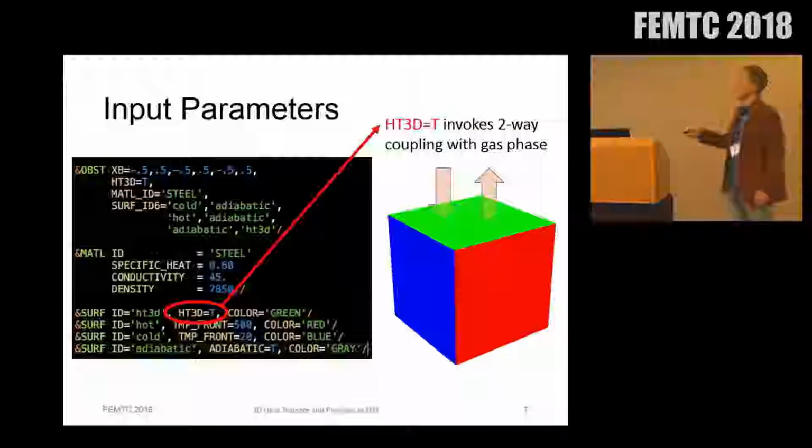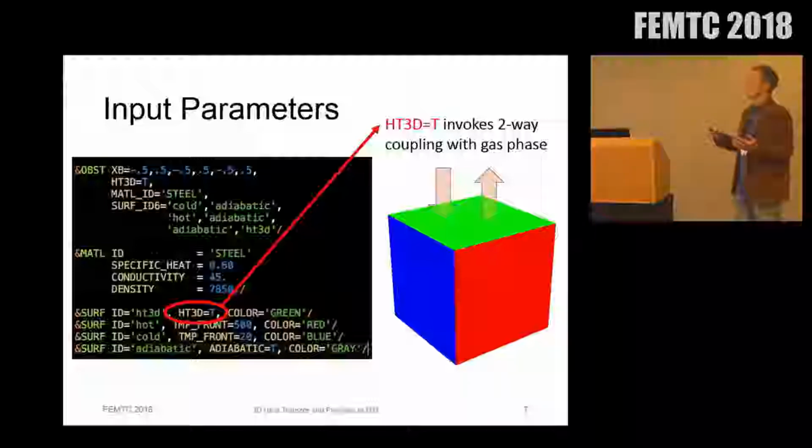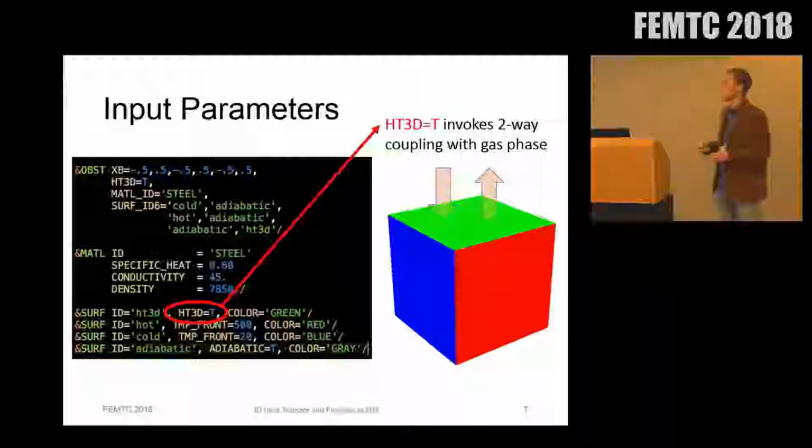So here what I'm going to show is a simple obstruction that I've made, block 1 by 1 by 1. Now, usually the way the solid pyrolysis and heat transfer works in FDS is on a SURF line you would give a thickness, and then that's how you invoke the conduction model.